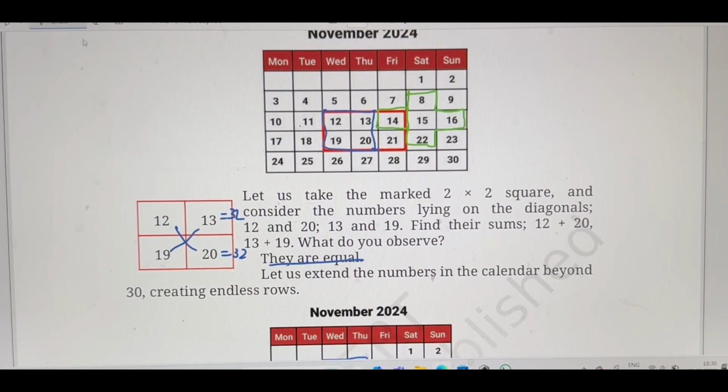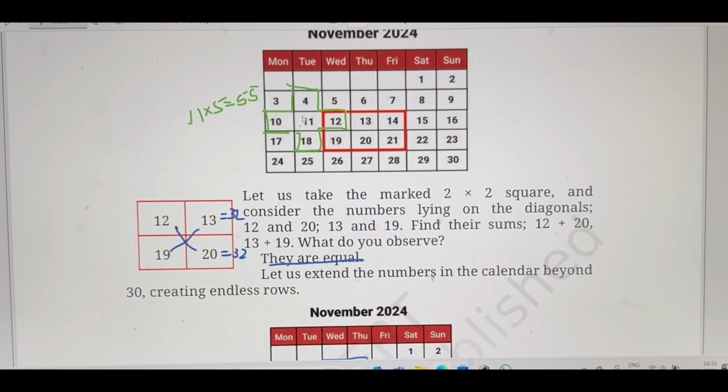So let us take one, let me erase all this so that it's easy for us to understand. Now if we take this side, we'll take this shape. So what is the conclusion we draw? That the center number, if it is multiplied by 5, we'll get the sum of all the numbers. 11 5s are 55.